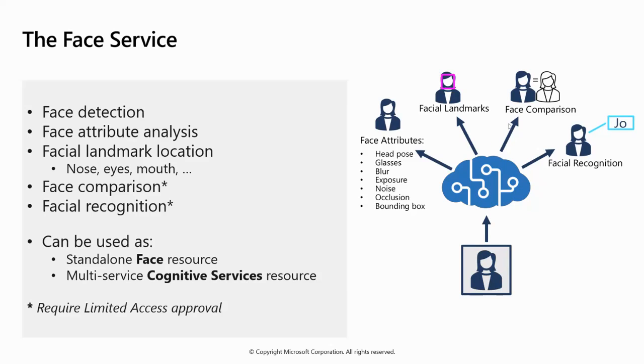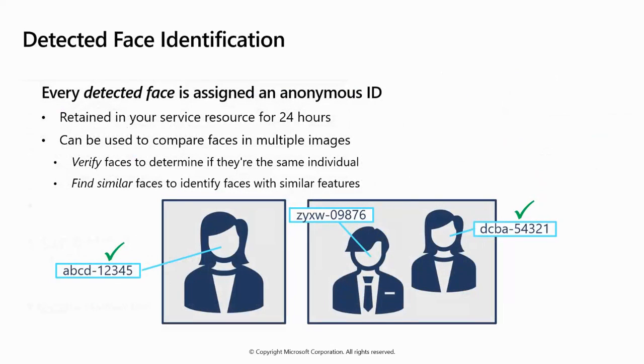Okay, let's continue. Now, when the face service finds a face, it gives it an ID that stays in the service resource, I mean, in the cloud, for 24 hours.